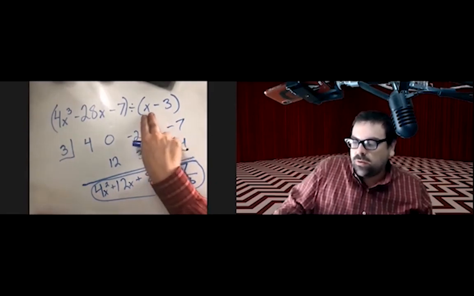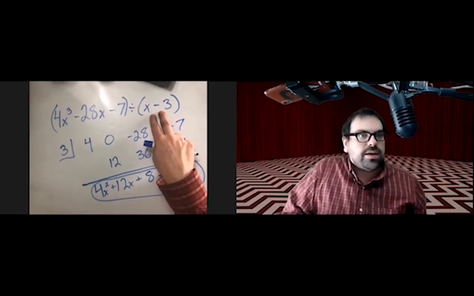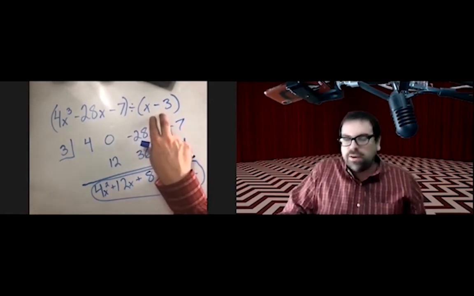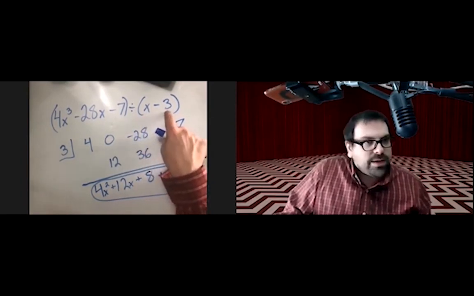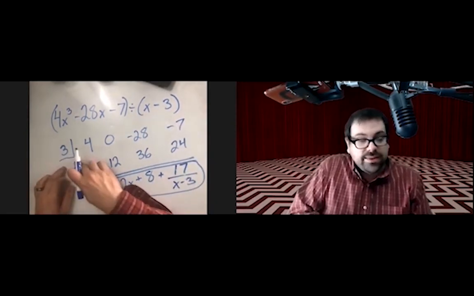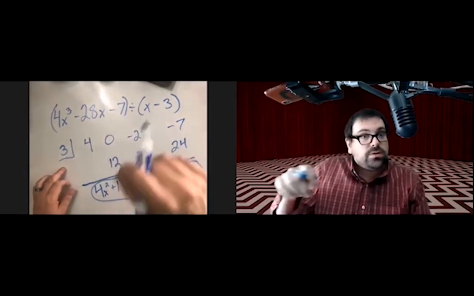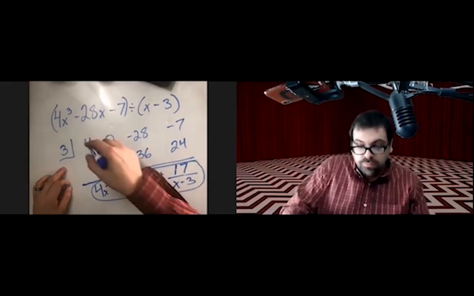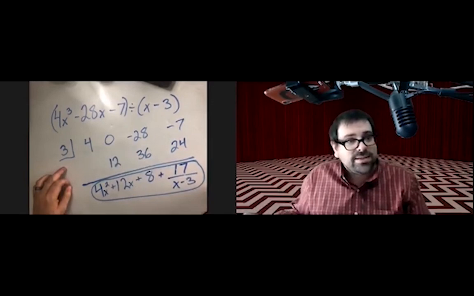and then with something. It could be x plus, it could be x minus, but if it's just an x and then plus or minus something, we figure out it is x minus what. Put that in the box, get our coefficients in order with placeholders if we need them, put down our bar, bring down the first number, multiply and add until we get to the end.